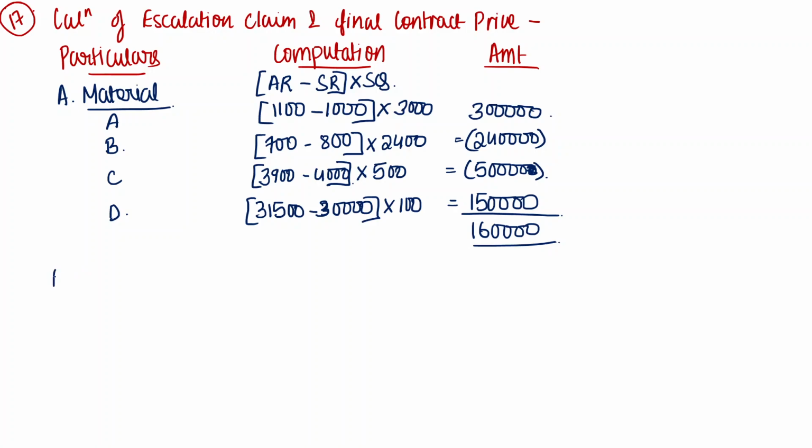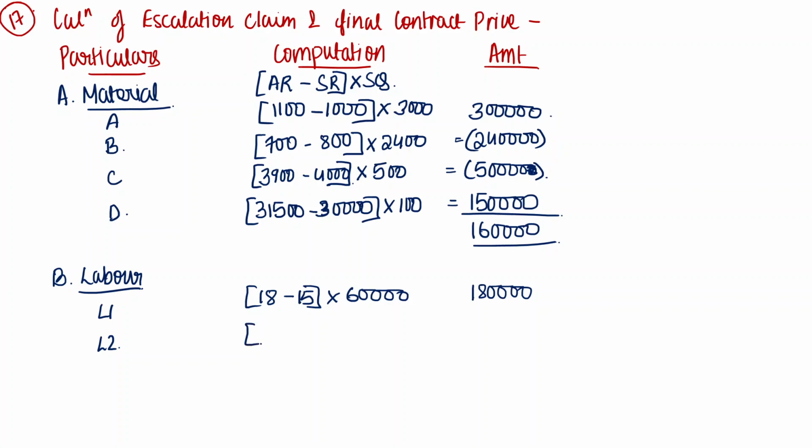Okay. B. Labor. Labor also same thing. L1 and L2. We paid 18. We should have paid 15. 3 rupees more we paid for 60,000 hours. 1,80,000.